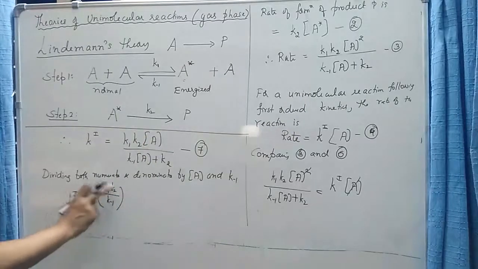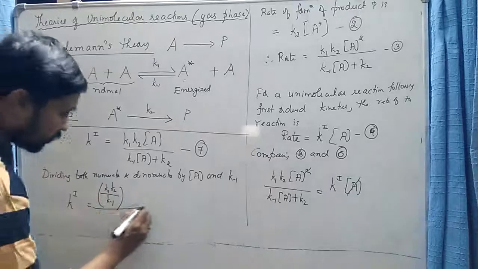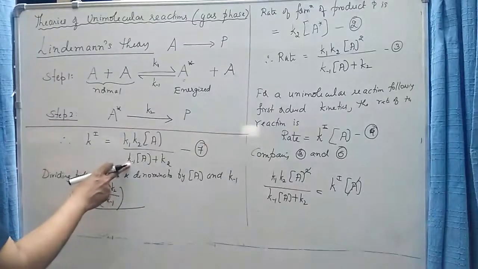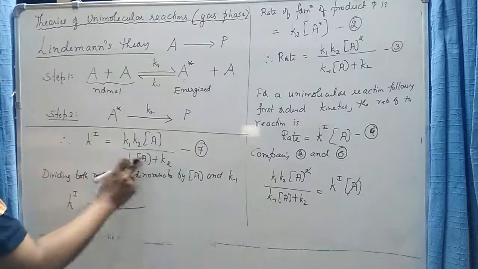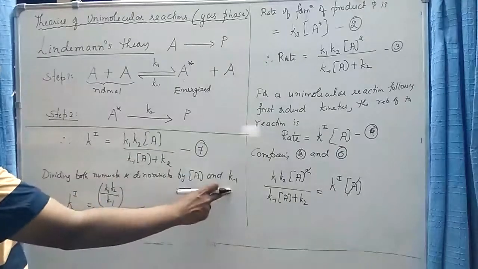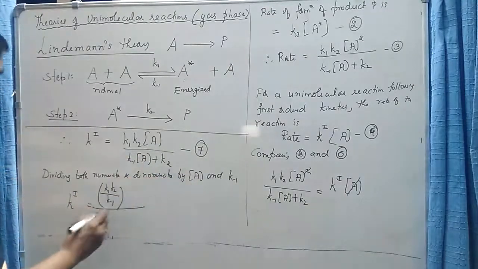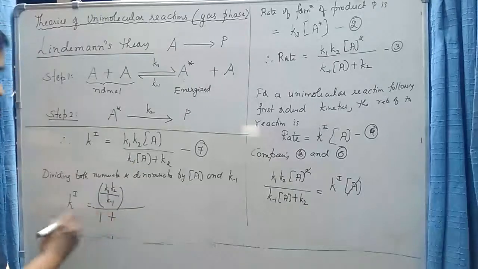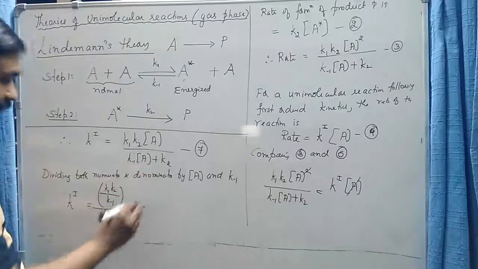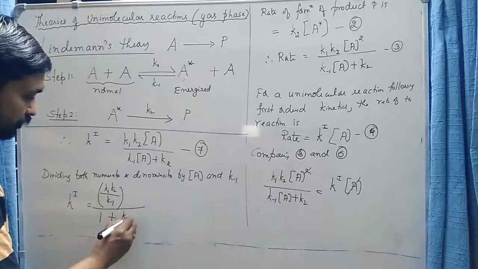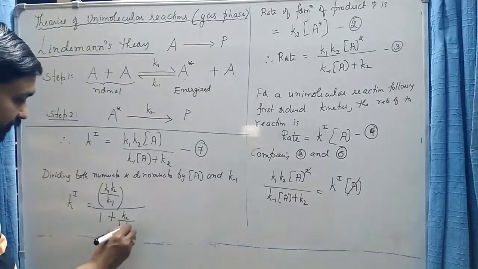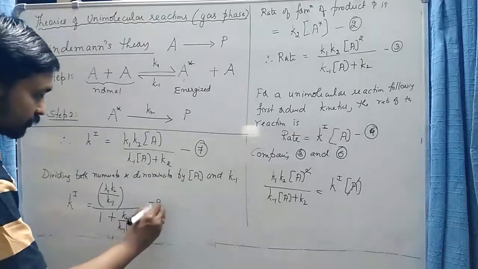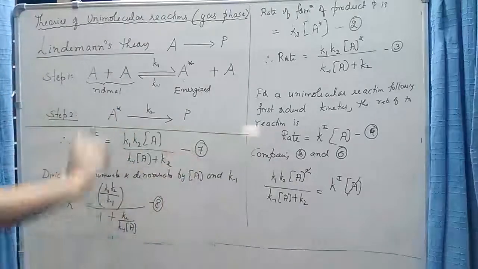Divided by, in the denominator, I am dividing by A, so A gets cancelled, and also by K minus 1, so K minus 1 gets cancelled. So the first term is 1 plus the second term K2 divided by K minus 1 into A. So equation 7 and equation 8 are equivalent.